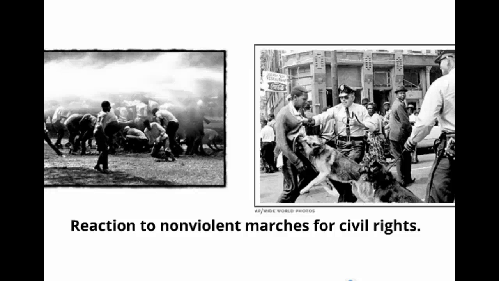Here, I believe that's Sheriff Bull Connor on the right, using the dogs to attack nonviolent protesters. You see the fire hoses, again, being used to attack the marchers in the streets. And this was filmed for the news, and folks outside the South were watching this and demanding that there be change.